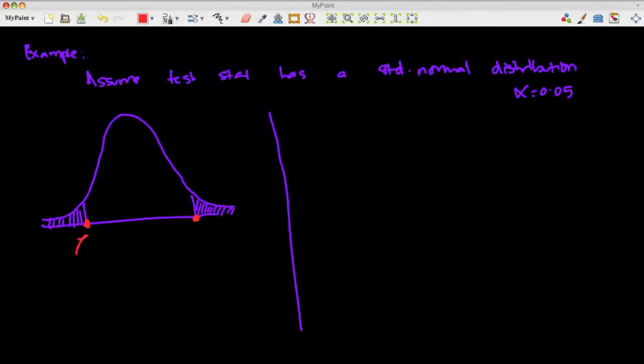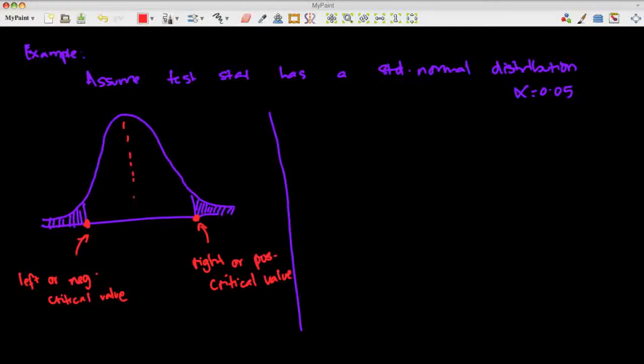So that is the left or negative critical value, and that is the right or positive critical value. 0, of course, is in the middle.